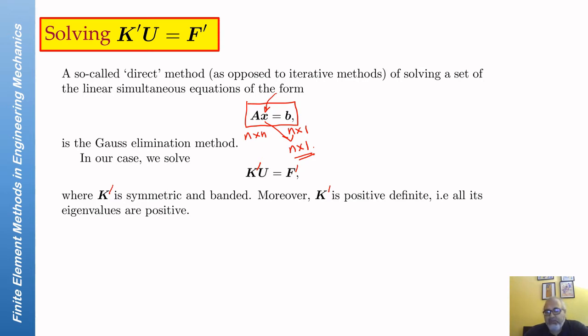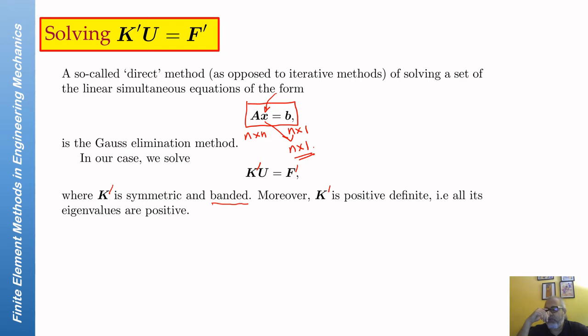So the nature of the equations actually make k prime symmetric and make k prime banded. Bandedness also depends on the node numbering. So the node numbering decides the bandedness. Better the node numbering, thinner is the band around the diagonal, and the symmetry is decided by the nature of the problem.